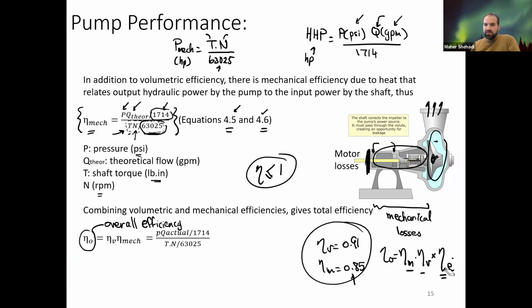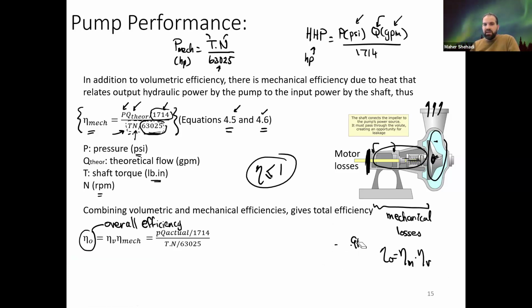In this chapter, we're going to consider only the volumetric and the mechanical efficiencies. And now you will notice it's actually the same equation as the mechanical, except the flow rate flips from theoretical for the mechanical efficiency into actual flow rate for the overall. That's the only difference between the two.